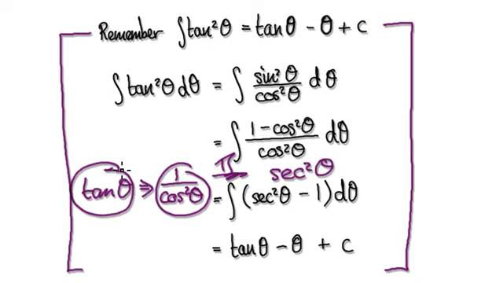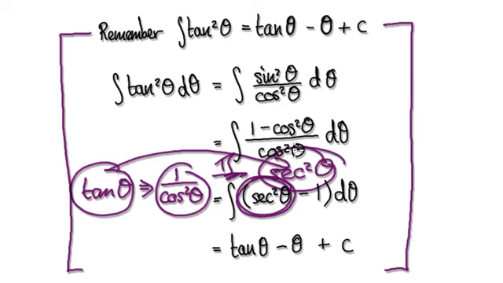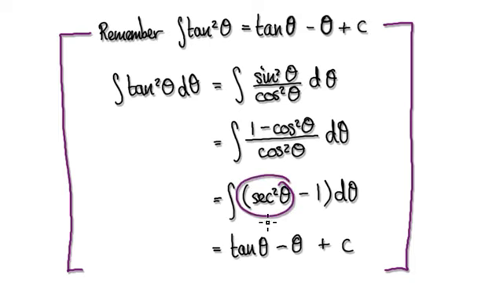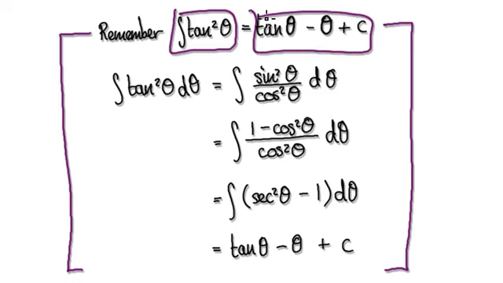So if you differentiate tan, it will give you this. Well, if you integrate this, then it should give you tan. And then integrating this will give you this. We've done this before. So if you integrate tan squared of theta, it will give you this.